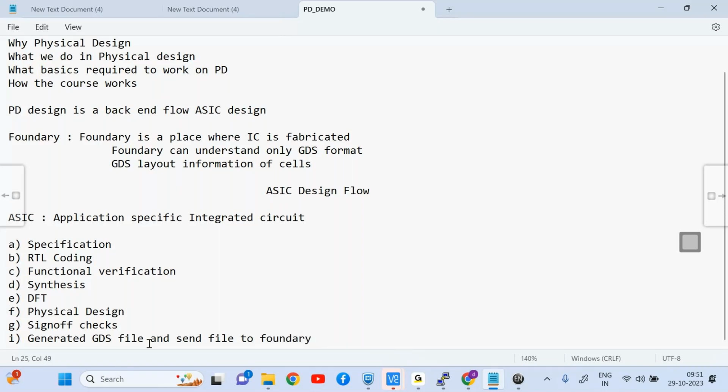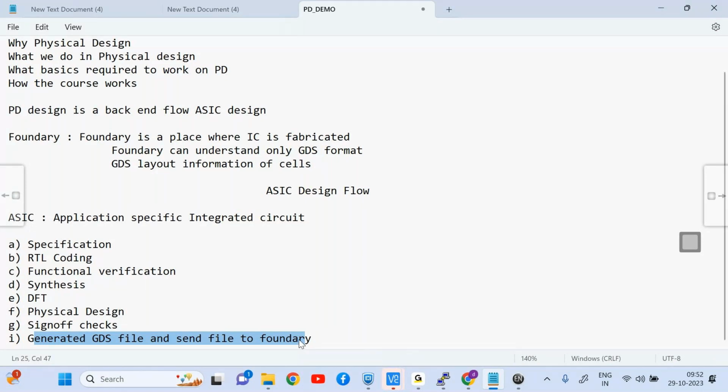So these are the steps in ASIC design flow. So our role is just before the file sending to foundry. We are the last step before file sending to foundry.